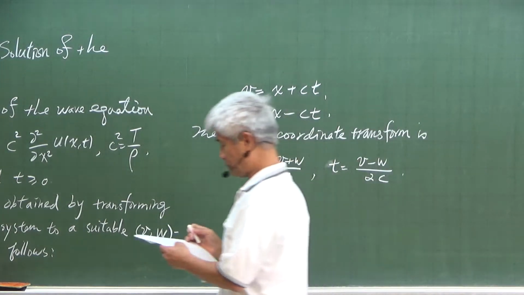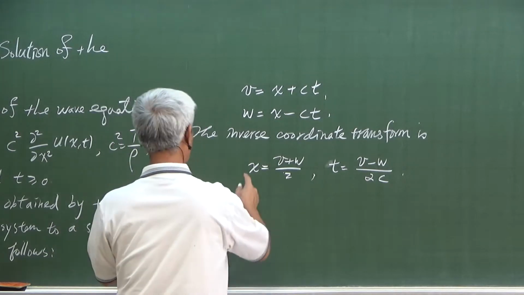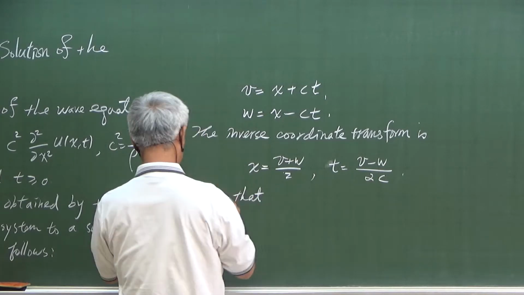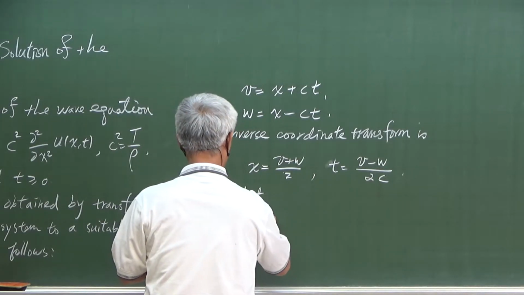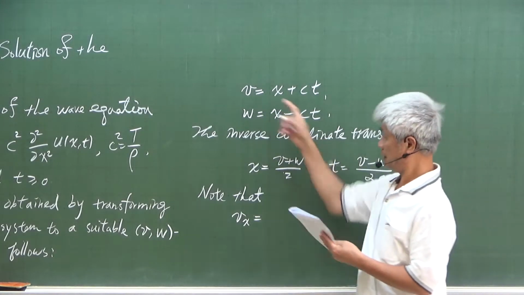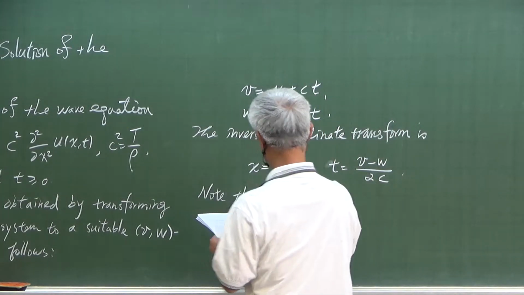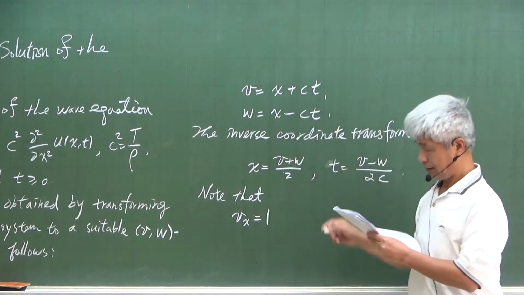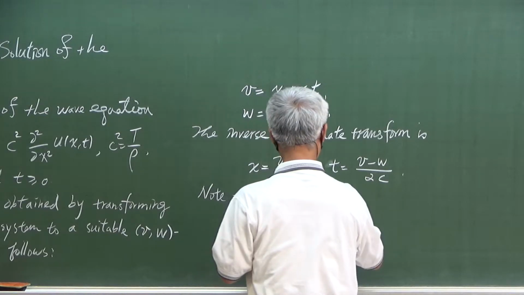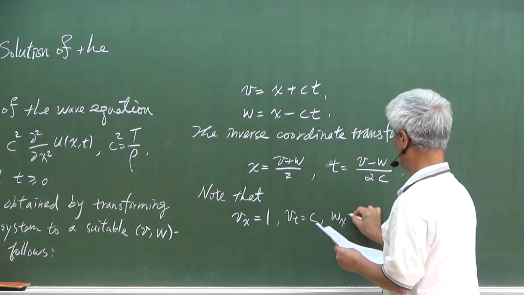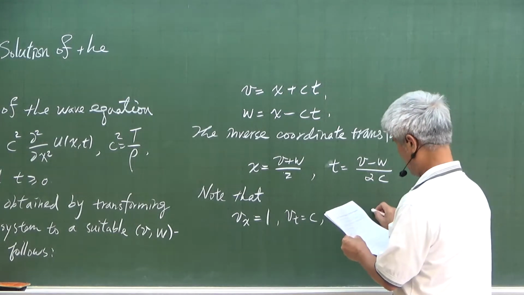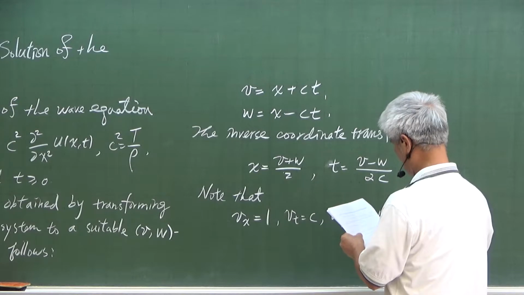They are very simple. Okay, and now we write down some data. For v, the partial derivative of v with respect to x is equal to 1, and v_t is equal to c. For w, the partial derivative of w with respect to x is equal to 1, and w_t is minus c.